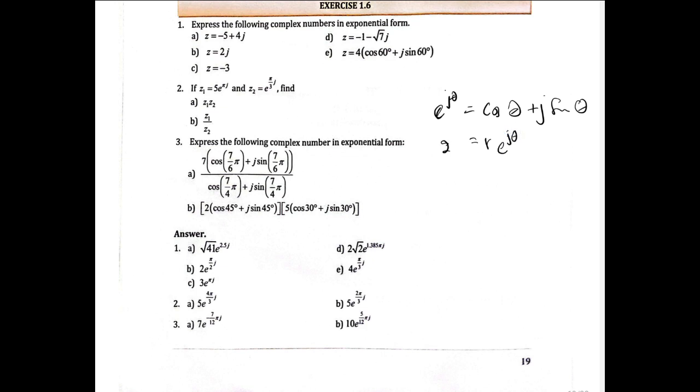The same as in polar form, when you multiply, you multiply the r and add the angles. When you divide, you divide the r and subtract the angles.